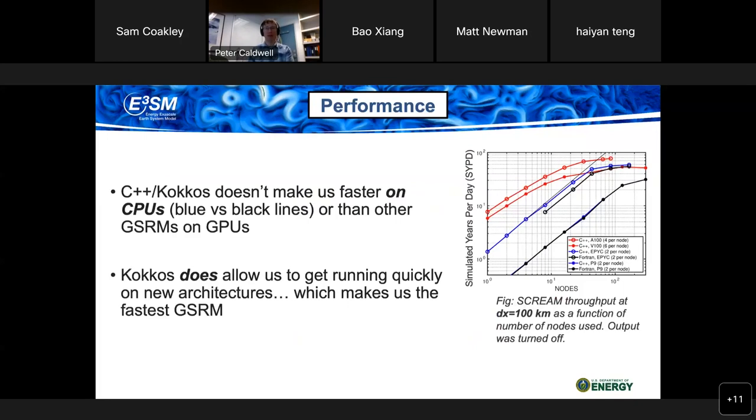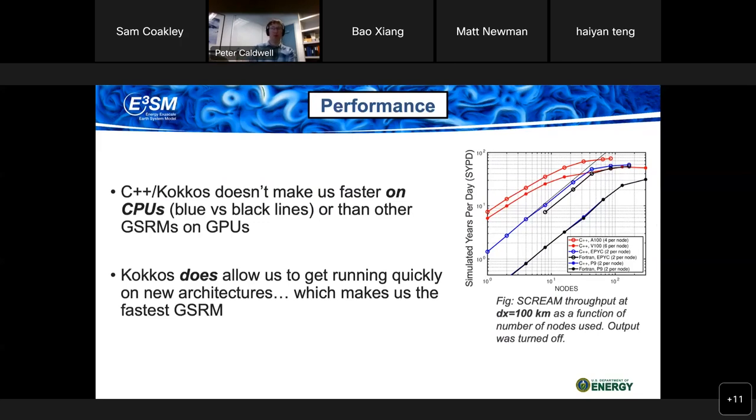Okay, and so one last slide on performance. I'm just showing you the same graphic that I showed before in terms of fraction of the machine versus how fast you're going. I want to point out in particular the blue lines versus the black lines now. The black lines are the original Fortran code that we had, so the Scream version 0, and the blue lines are the Scream version 1, so the C++ code, but running on CPUs.